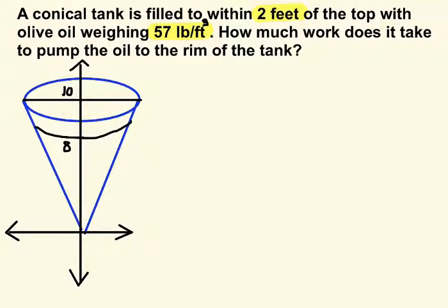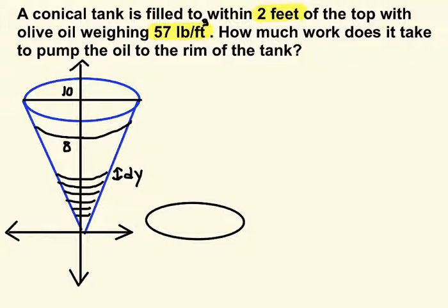And what we're going to have to do is subdivide, cut the tank up into discs, so that the height of the disc is delta y. And our actual disc, let's take a look at, here's one of our discs. Copy this and paste. So here we have our disc.